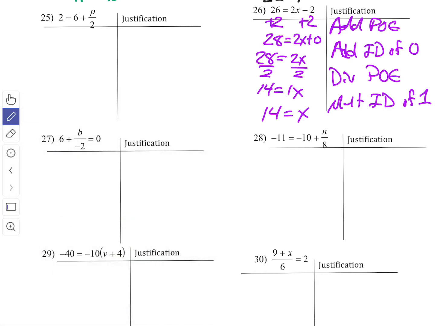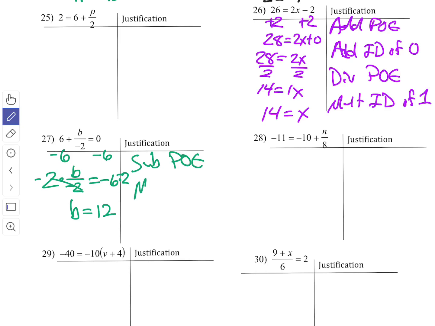All right, 27. Now, some of you may just end up doing it like this. And really, I would prefer that, times by negative 2, that we didn't just leave off the stuff for right now. But if that's all you do, and you still can do it correctly, then I guess I'll be okay with that.